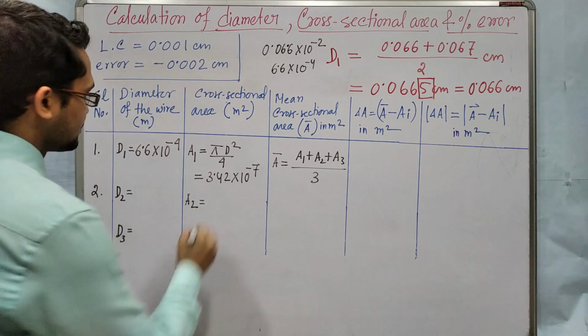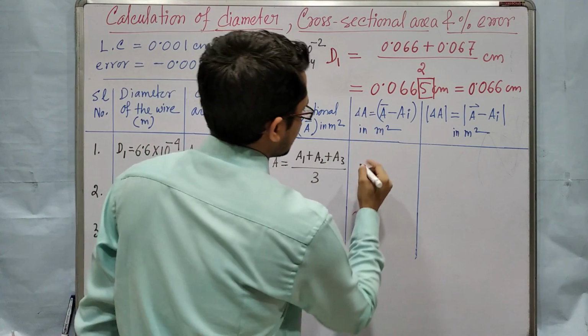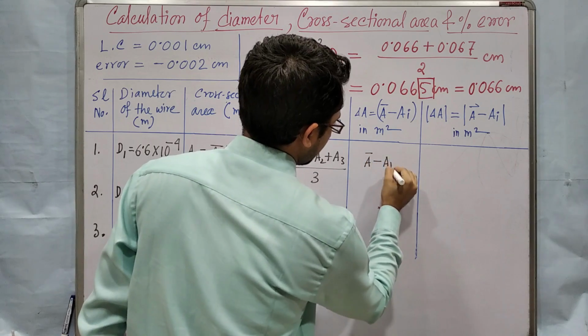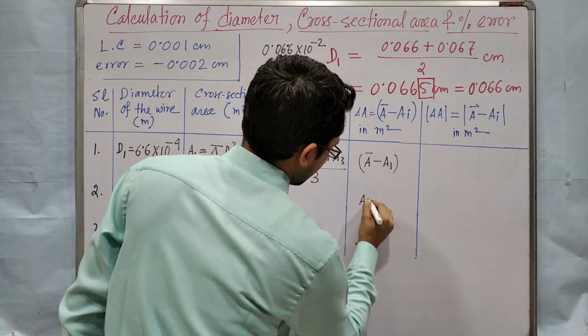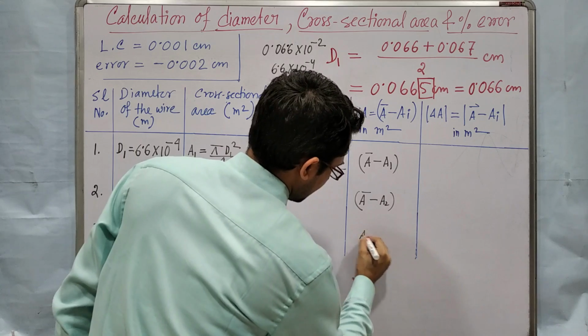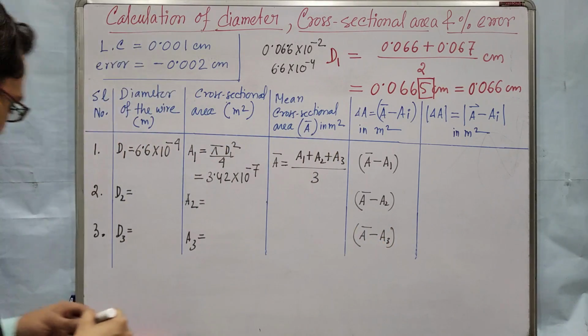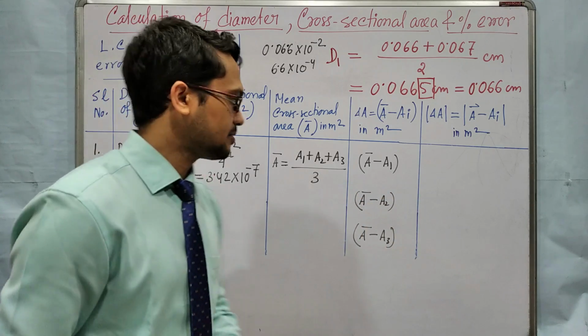So in the first row you will get A average minus A1, in the second row A average minus A2, and in the third row A average minus A3. Maybe these values are positive, maybe negative, whatever.